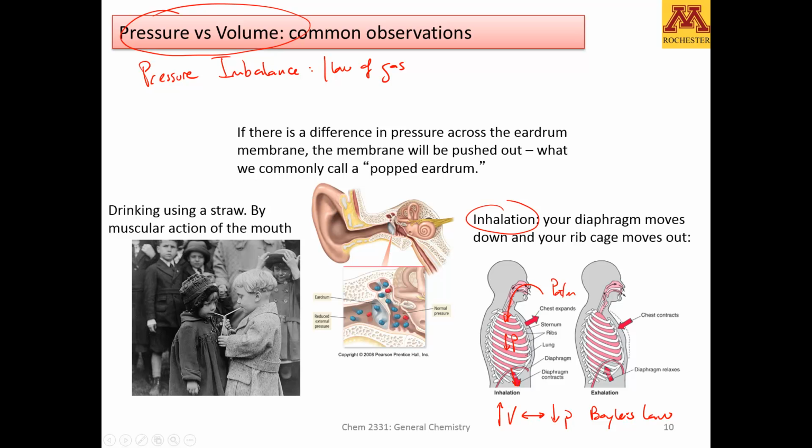The same can be said when we breathe out: the diaphragm goes up. This means that the volume gets reduced. By Boyle's law, if the volume is reduced, pressure is increased. This will create a pressure imbalance between inside the lungs and outside, and there will be a flow of gas going out.